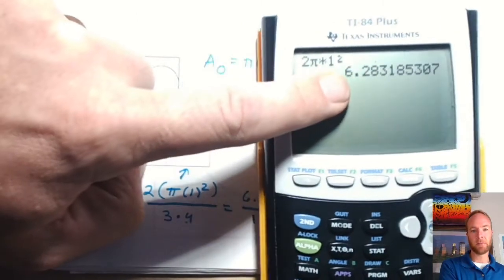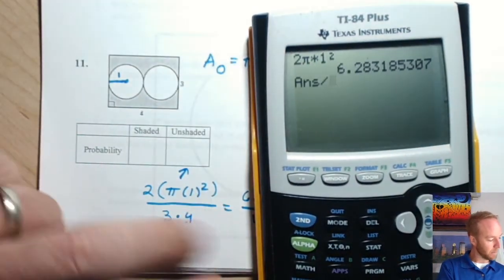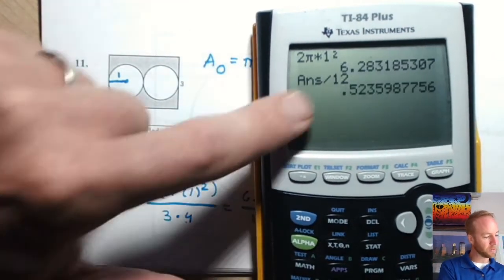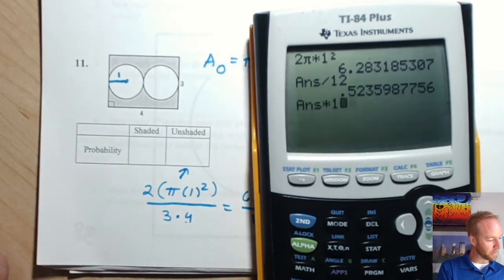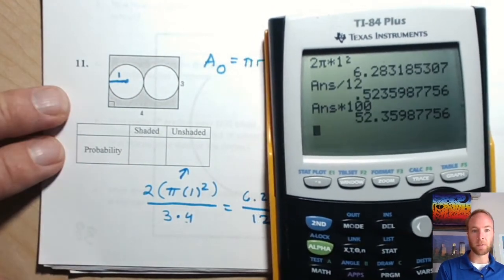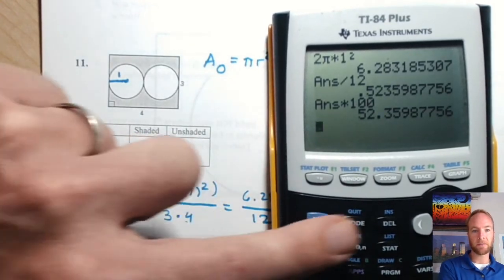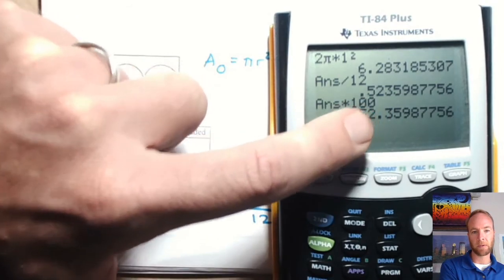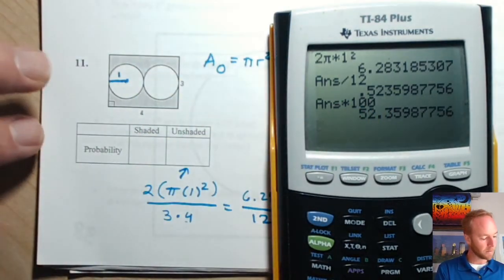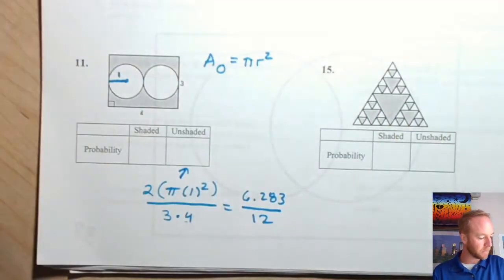So if I take my numerator and divide it by 12, the denominator, it changes it to a decimal. Then if I multiply that by 100, it changes it to a percent. So the unshaded area is 52.36, or if I round it to 1 decimal, 52.4%.